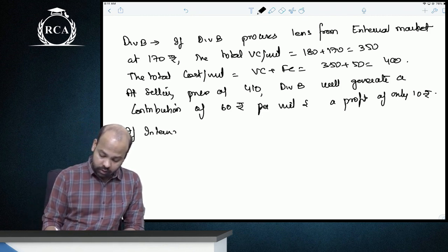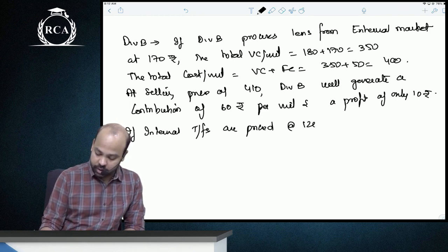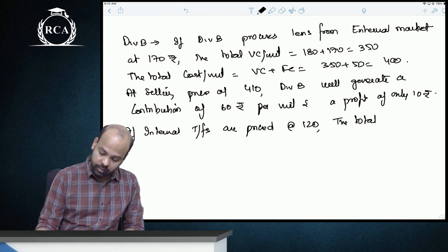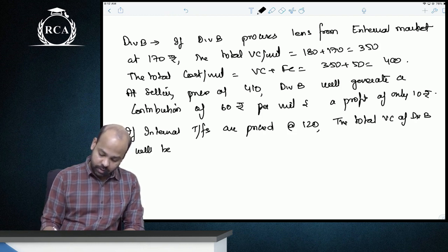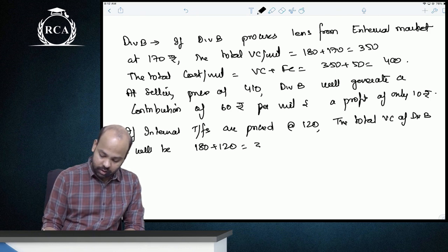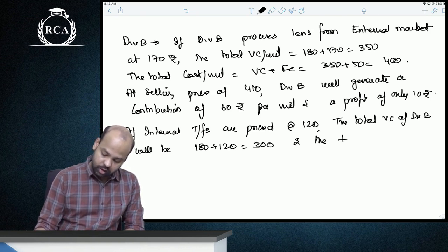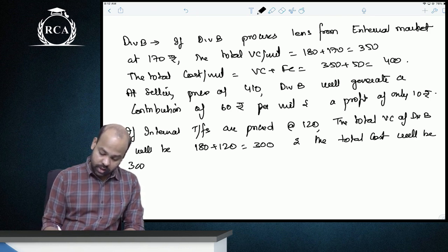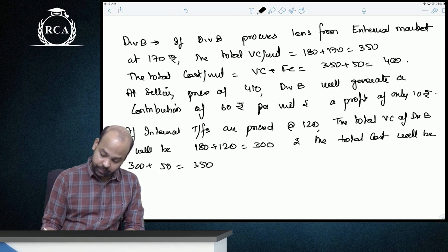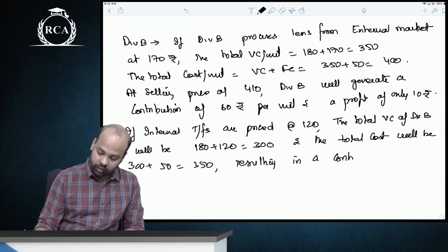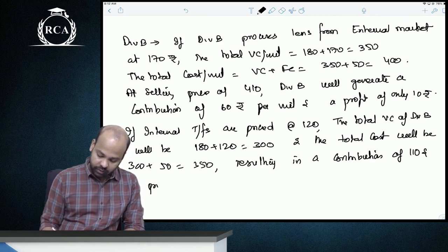If internal transfers are priced at 120, the total variable cost of division B will be 180 plus 120, 300, and the total cost will be 300 plus 50, 350, resulting in a contribution of 110 and a profit of 60 rupees per unit.